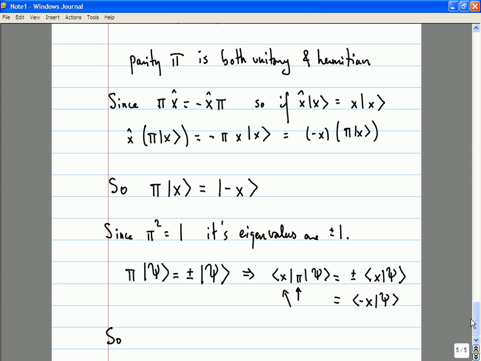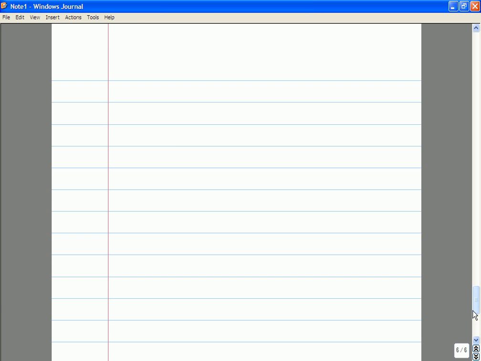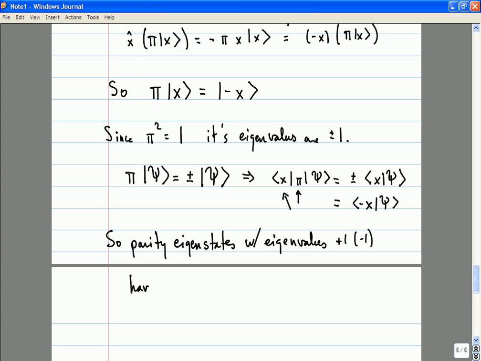So parity eigenstates with eigenvalues plus or minus 1 have wave functions which are even in the case of plus 1 or odd in the case of minus 1 under the reflection x goes to minus x.